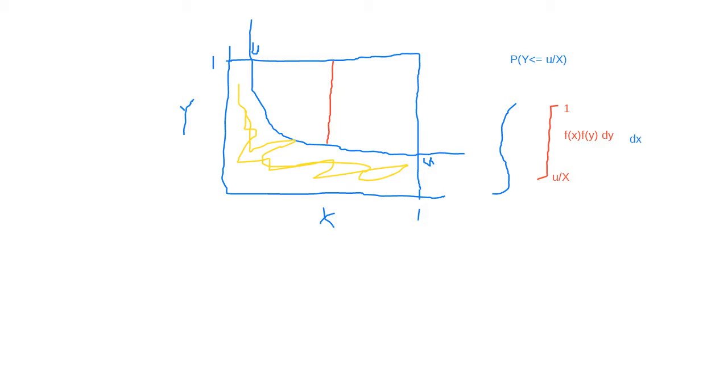So the leftmost point is at x equals u, because that's what we said the x coordinate was when y was 1. And the rightmost point is when x equals 1. So then we'll have 1 minus that whole thing to get the integral over the actual region that we want.